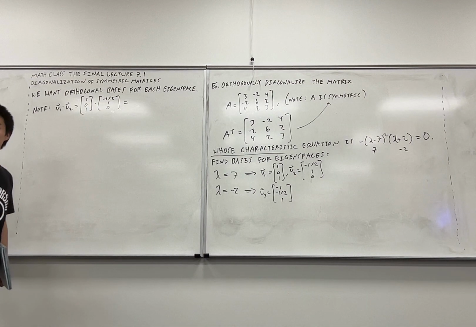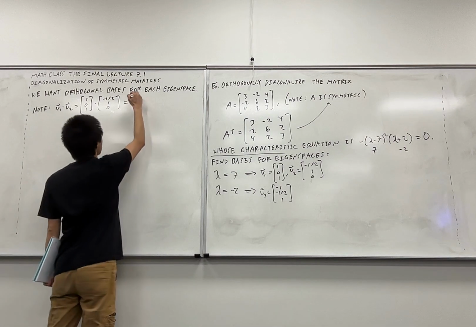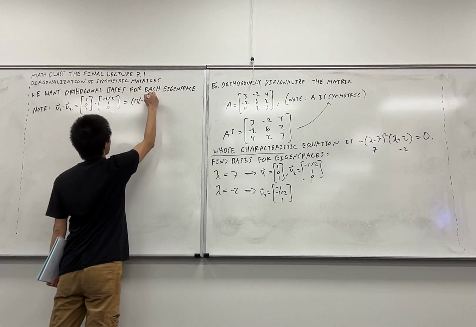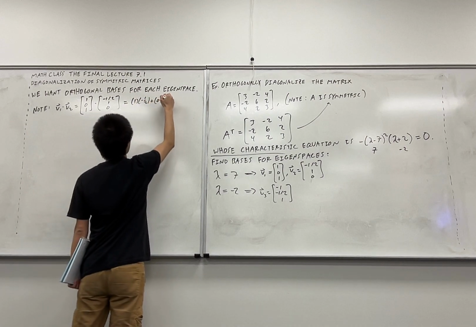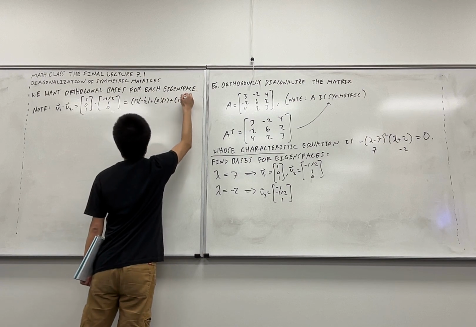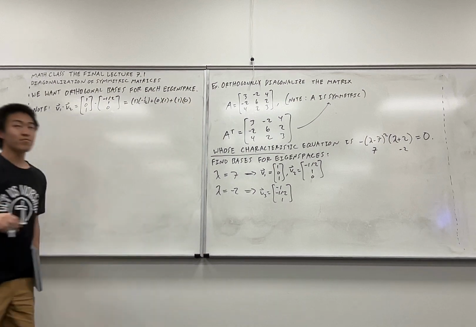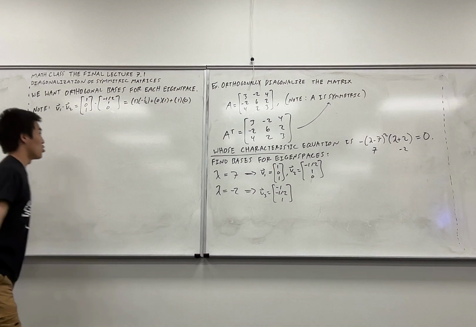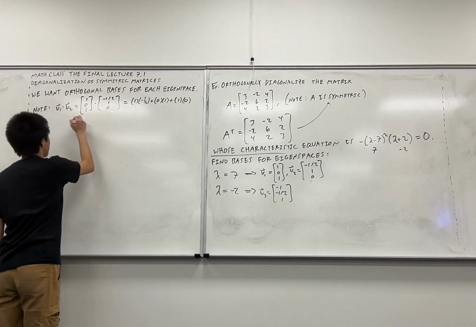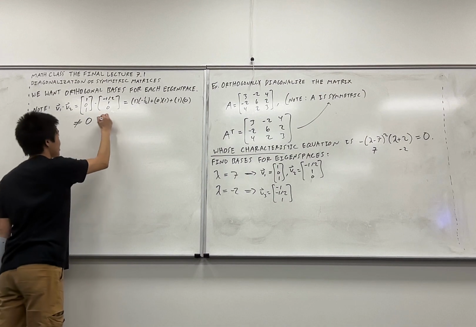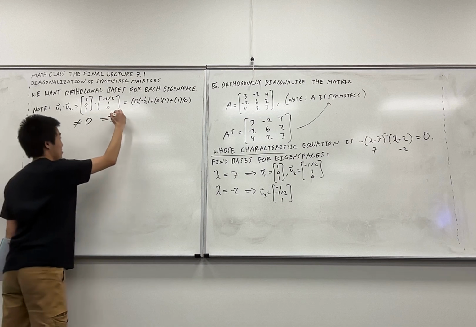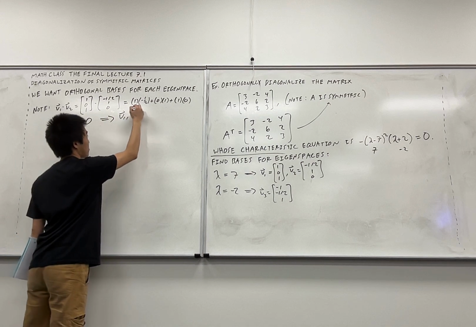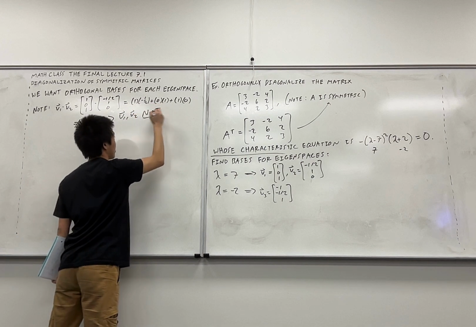You multiply the first entry of V1 times the first entry of V2, then add the second entry of V1 times the second entry of V2, and then add the third entry of V1 times the third entry of V2. Is that equal to 0? No. So what does that mean we can conclude about my vectors v1 and v2? Not orthogonal.